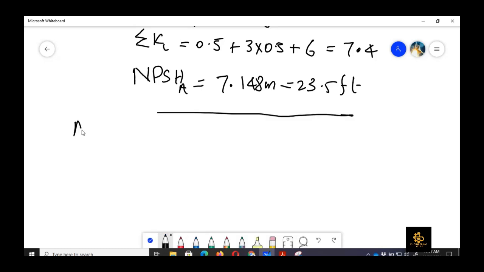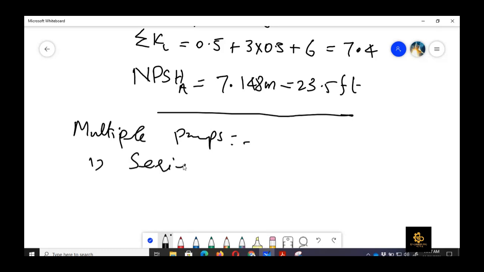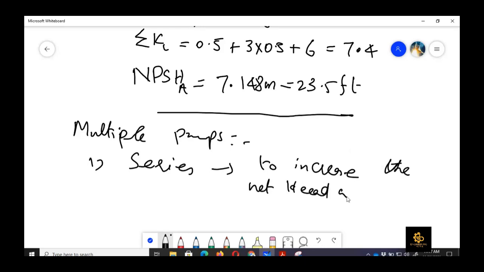When we talk about multiple pump installation, either we can install them in series, and when we install them in series, we do it to increase the net head available across the piping system.